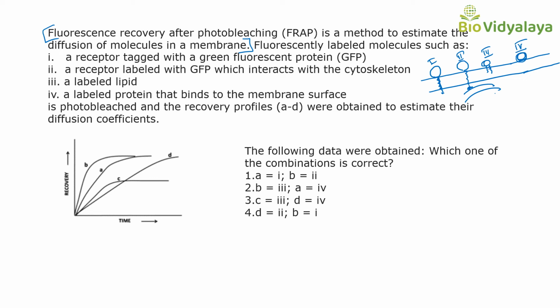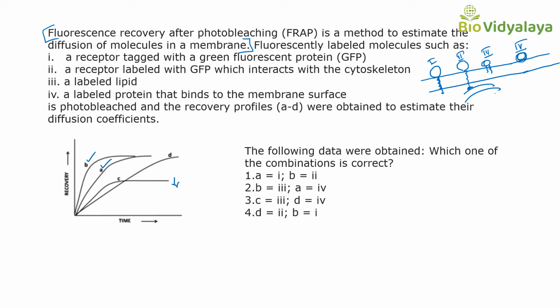A to D are the photobleach and recovery profiles. See here, which one is showing the best recovery? B. The graph B is showing the best recovery. After that A. And the least recovery is C. The graph C is showing less recovery.